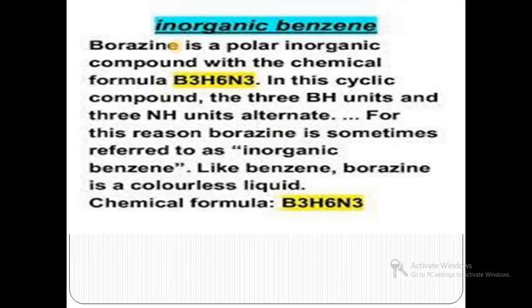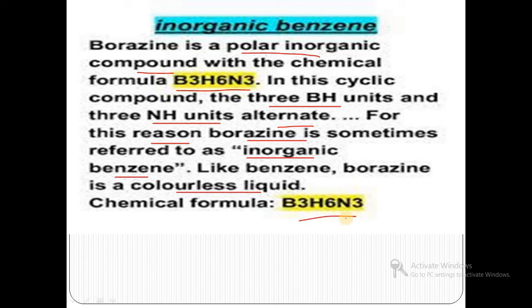Borazine is a polar inorganic compound with the chemical formula B3H6N3. In this cyclic compound 3 BH units and 3 NH units are alternately present. For this reason, borazine is sometimes referred to as inorganic benzene. Like benzene, borazine is a colorless liquid.